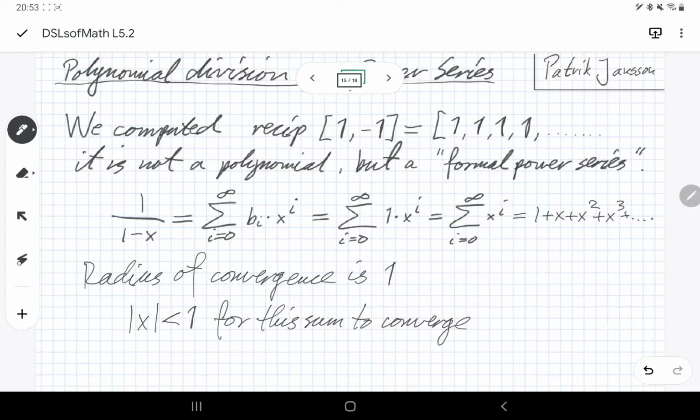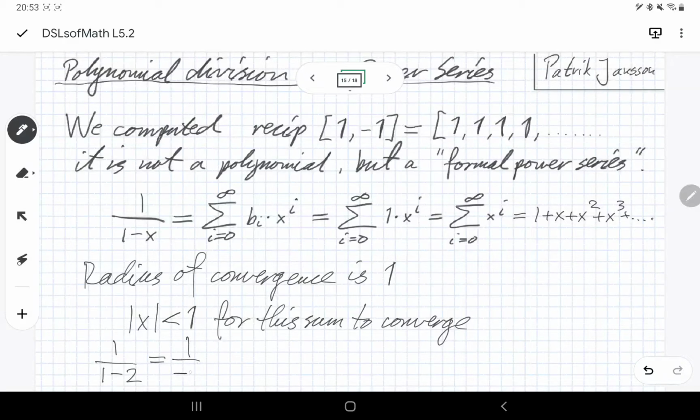So let's see what happens if we go out of this range. Well, if we go out of this range, all bets are off. As you saw in this particular case, where x was equal to 1, this is undefined, and this tends to infinity. But if you put x equal to 2, what happens if we do 1 over 1 minus 2?